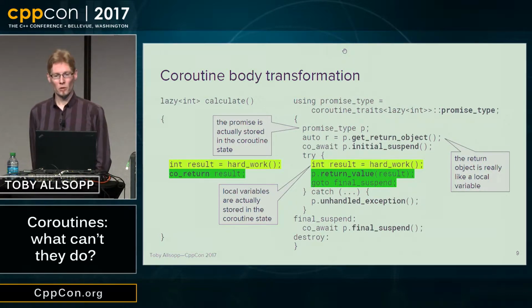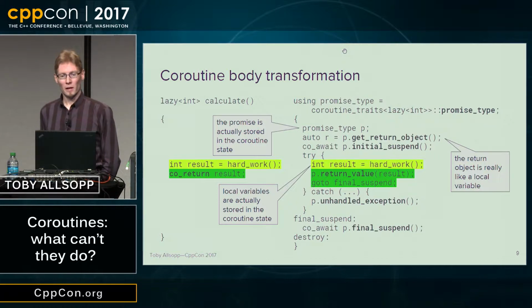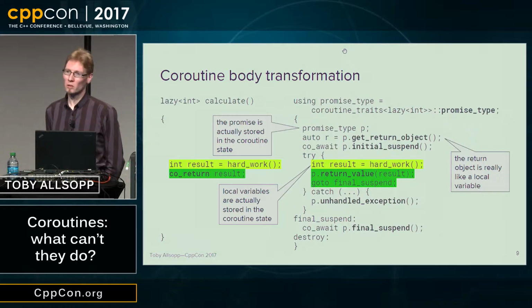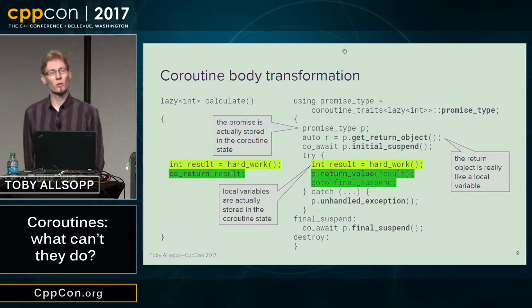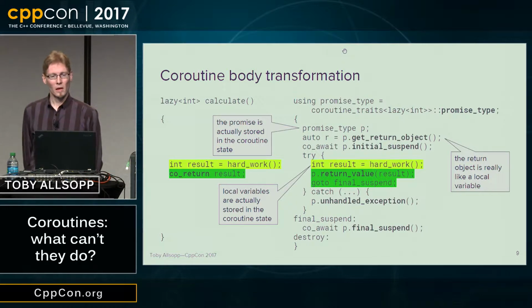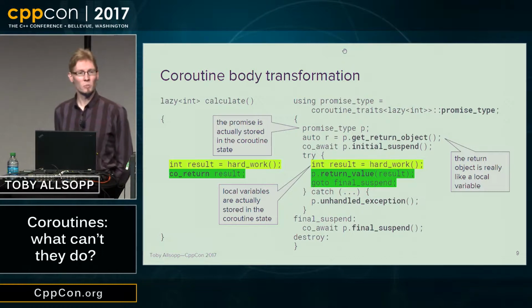So then the promise object, P here, that gets asked for the return object, which is what the caller of the coroutine will receive as the return value. And then the promise is given an opportunity to provide an initial suspend.